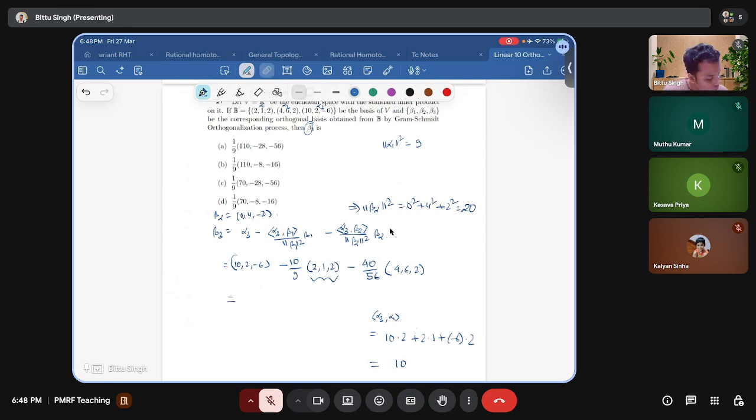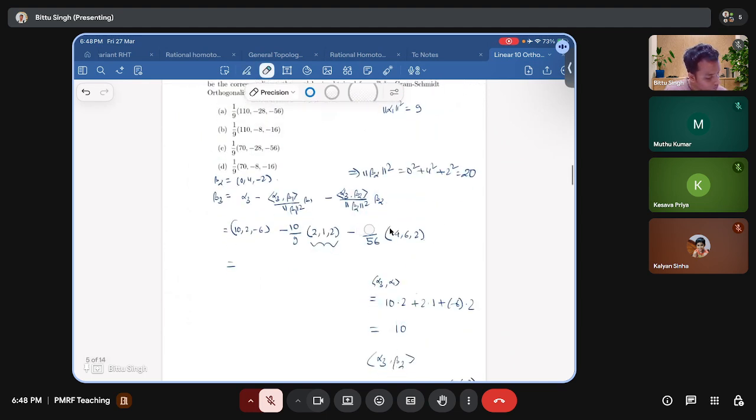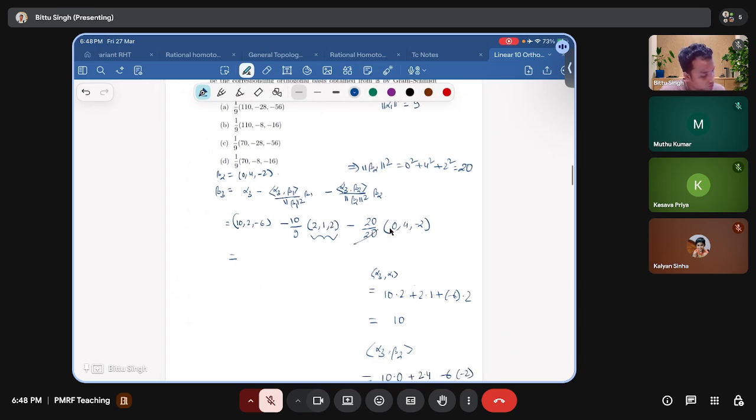So this is actually 20 by 20, which is 1, times (0, 4, -2). Those two will get cancelled. It is 10 minus 4... which is minus 2, and minus 6 plus 2, which is minus 4, minus 10 by 9 times... let me write 1 by 9 into 20, 10, 20.